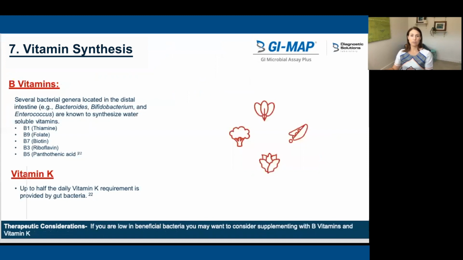Our commensals are also responsible for producing vitamins. A great example of vitamin synthesis is seen in ruminants, who have no dietary requirement for water-soluble vitamins.